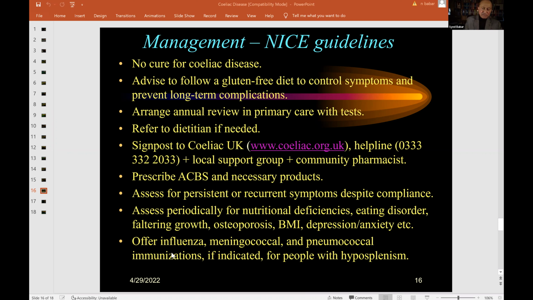In addition, if a person shows features of hyposplenism, then other protective measures, such as various kinds of penicillin orally as a prophylactic, should be considered.